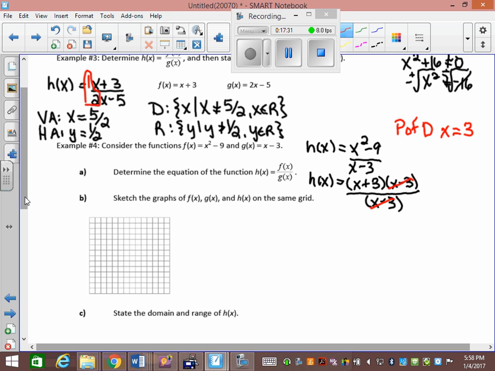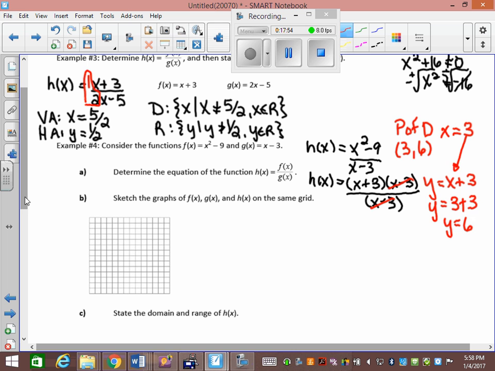And how do we find the y again? Remember, now you have y equals x plus 3 left over. Take your value of 3, plug it into the x, and solve for your y. So y equals 3 plus 3, which is 6. So our point of discontinuity is at 3 and 6. That's the point that doesn't actually exist on the graph. It's that open circle.